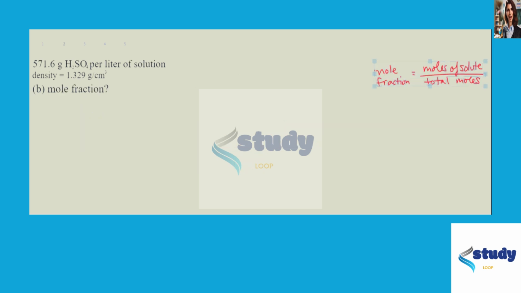Okay. Moving on, we're next asked to find the mole fraction. The mole fraction is equal to the moles of solute divided by the total number of moles. And so here we're going to again assume that we have 1 liter of solution. And if we have 1 liter of solution, we have 571.6 grams of H2SO4.